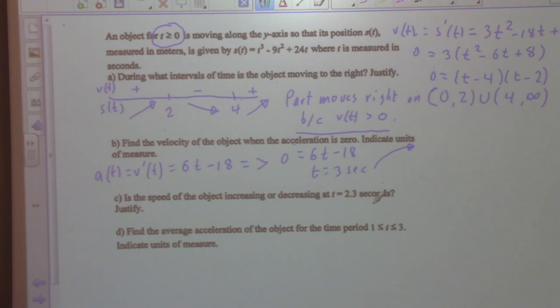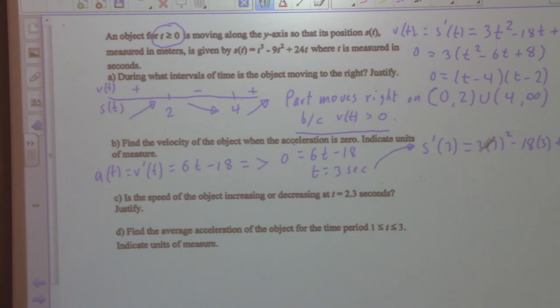Plug it in where? The velocity. Plug it into this thing right here. s prime of 3 equals 3 times 3 squared minus 18 times 3 plus 24.